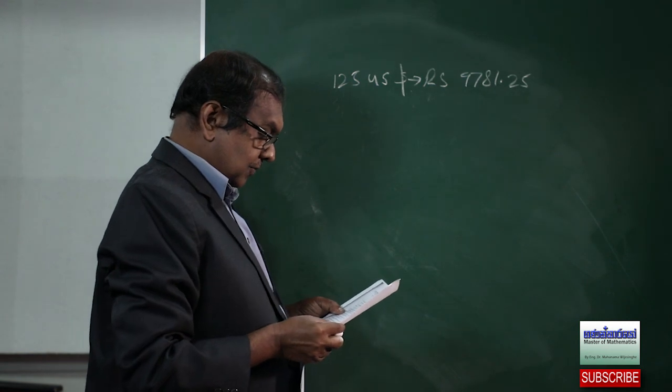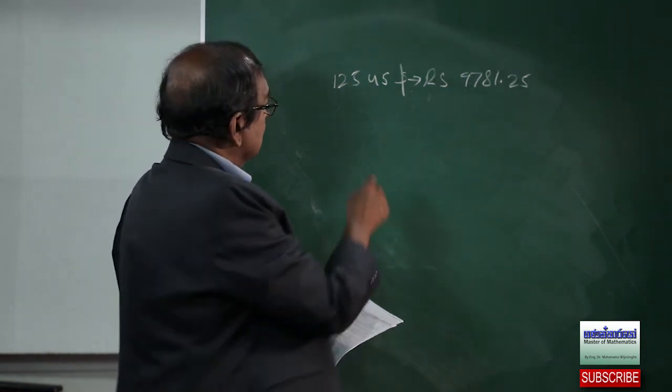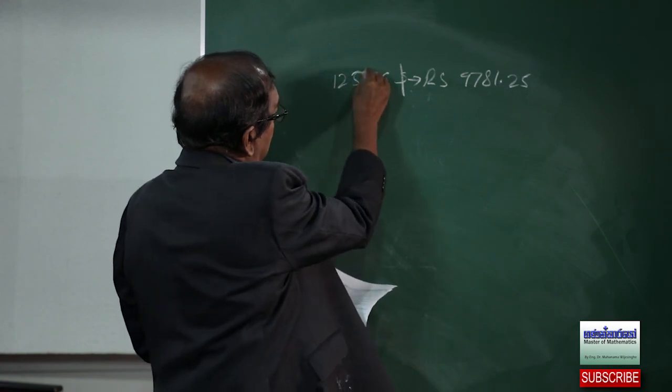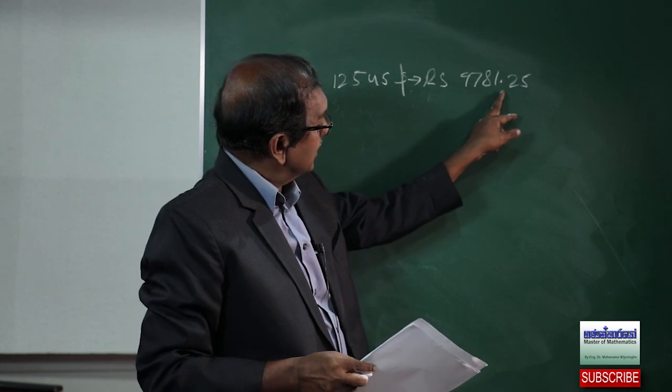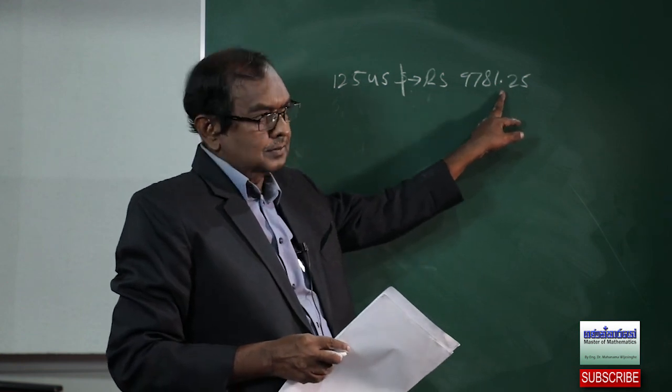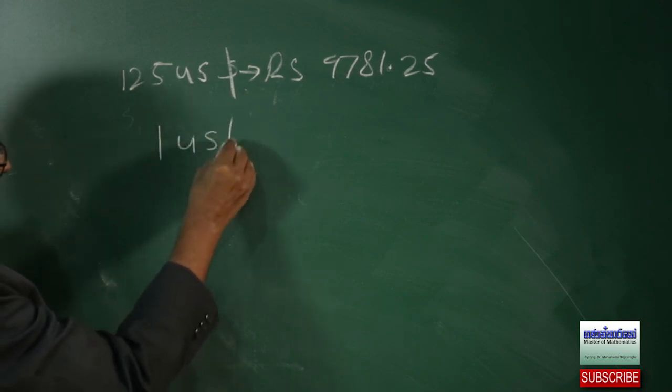Then what is the value of a US dollar in Sri Lankan rupees? 125 US dollars is valued at rupees 9,781 and 25 cents. Then what is the value of 1 US dollar?